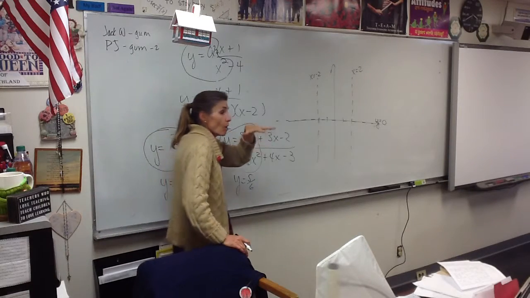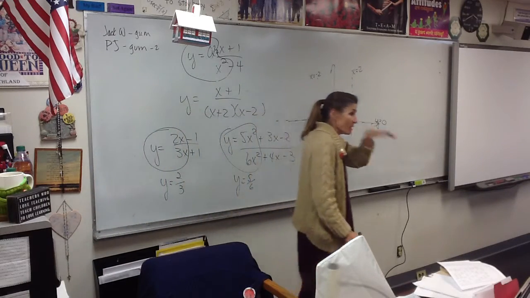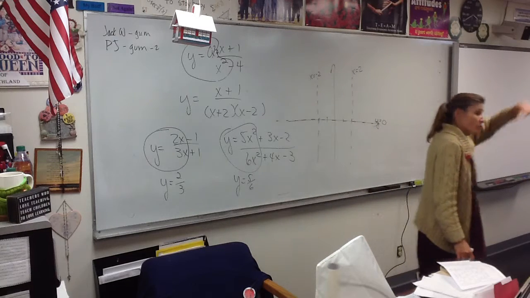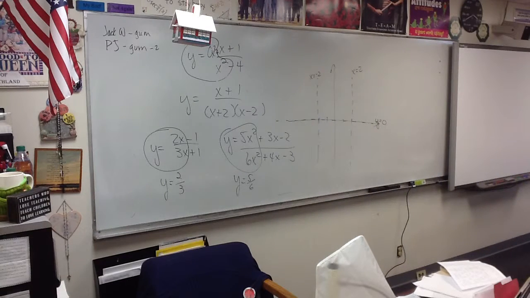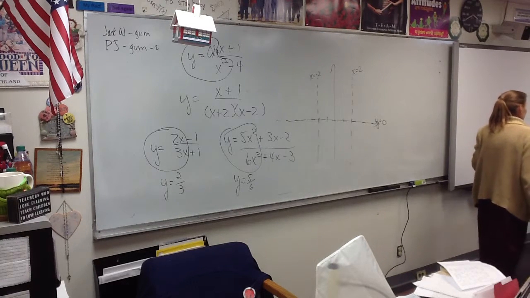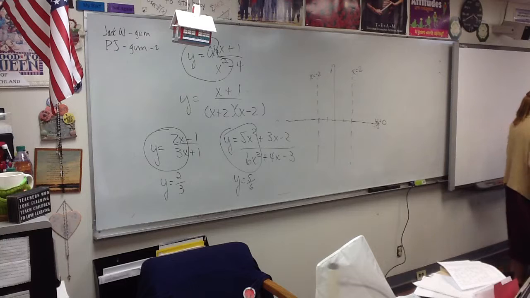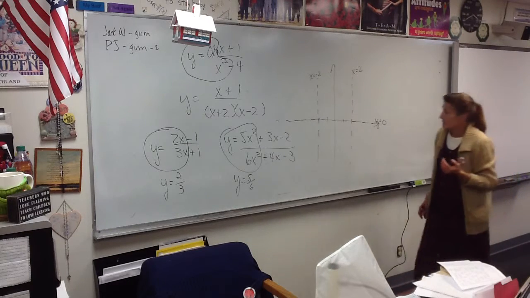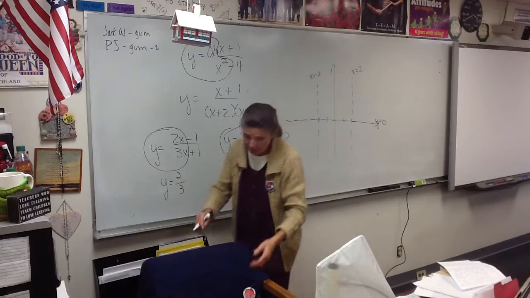If the power on the bottom is bigger, then you're going to have to put a 0 on top, and that means your asymptote's always going to be at 0. So let me say that again, because it will never change. If the power on the bottom is bigger, your horizontal asymptote is going to be at 0 every time. No holes, we're done. Let's look at the next one.